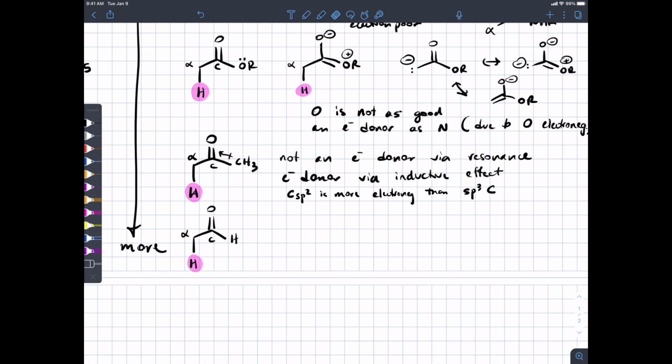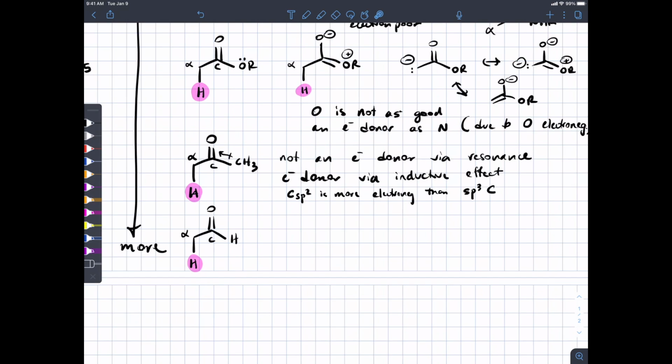And so the more alkyl groups you have, the less electron poor the carbonyl is going to be. But this donating effect due to electronegativity is not as powerful as the resonance effect for the oxygen.